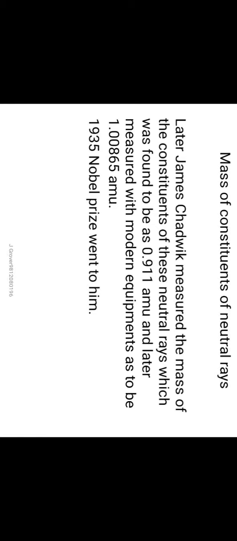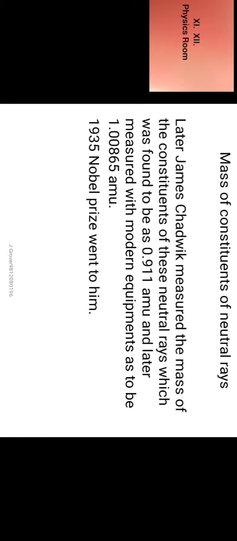Now, mass of constituents of neutral rays.